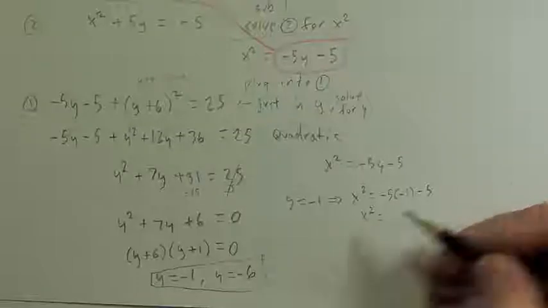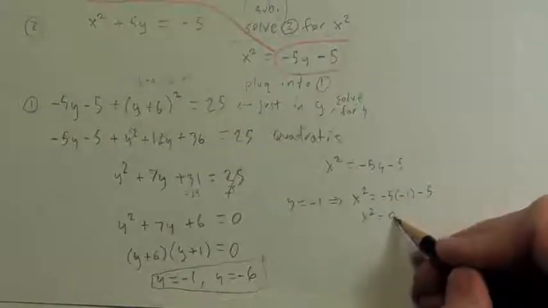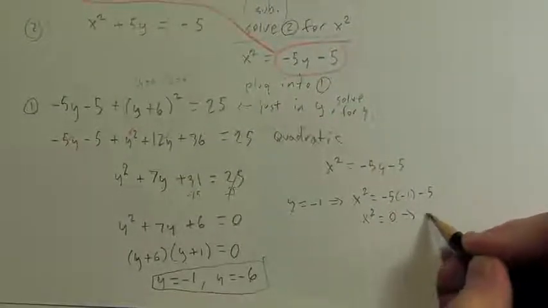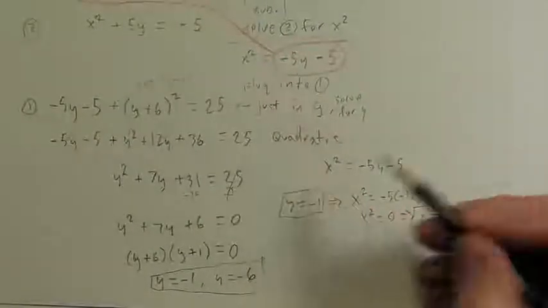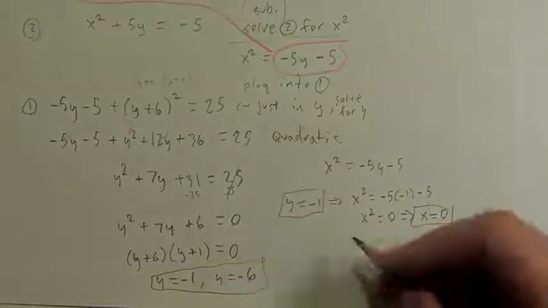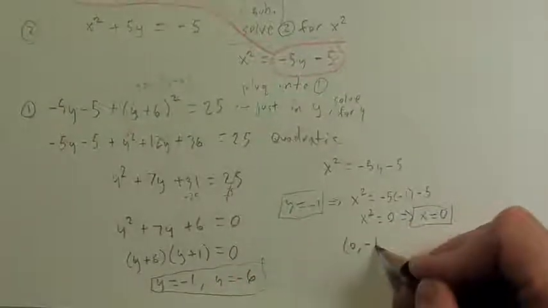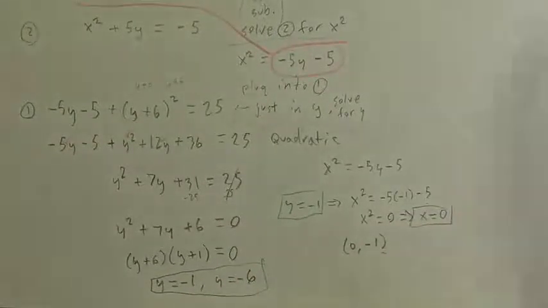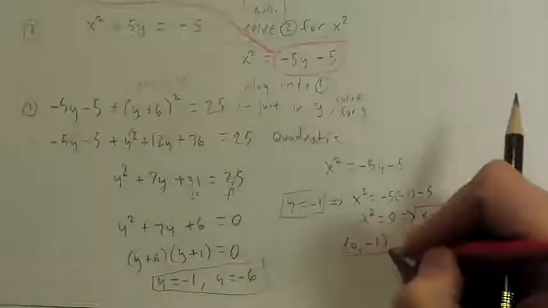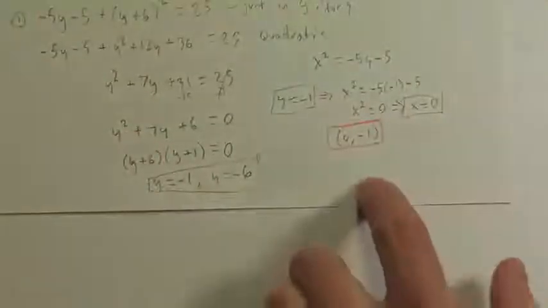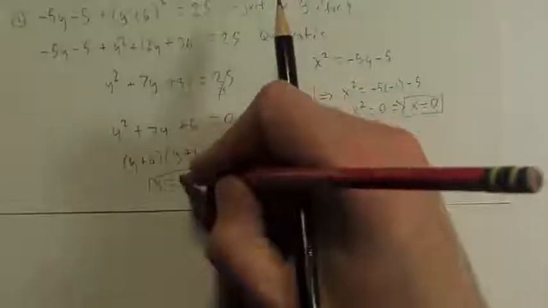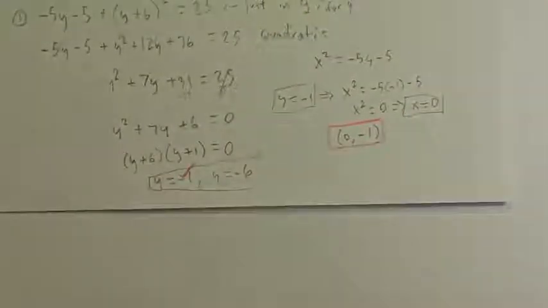So x squared is equal to 5 minus 5, so x squared is equal to 0. So x is equal to 0. Okay. So our point is 0, -1. I'll put a red box around our actual solution here. So there's our first solution, when y is equal to -1. I'm going to put a check mark there to know I took care of that case.